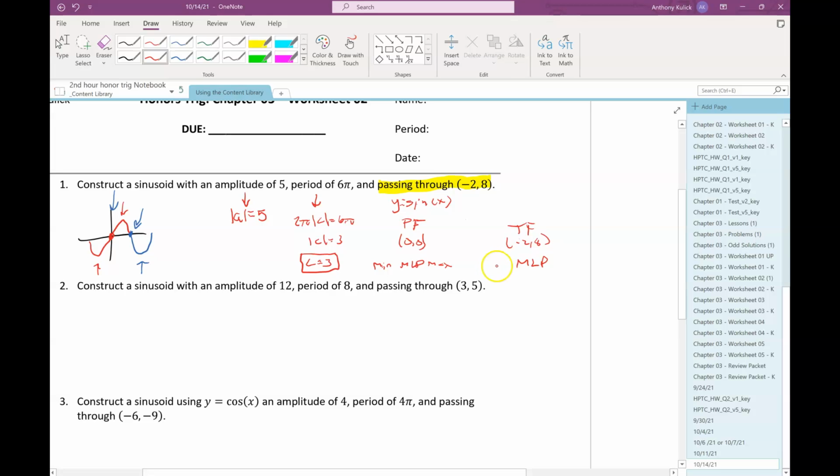So I'm just going to make it the same kind of midline point that I had before. That's going to tell me that A is positive, because these are really the same kind of midline points. Is that okay?